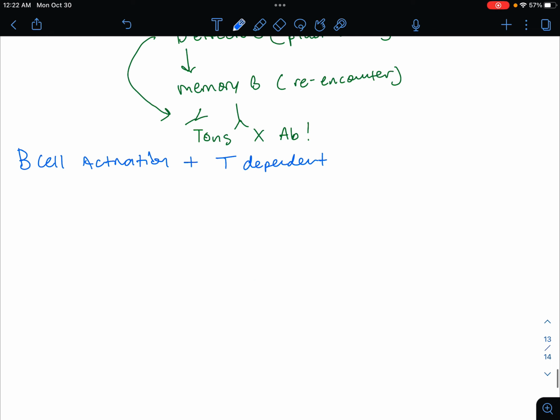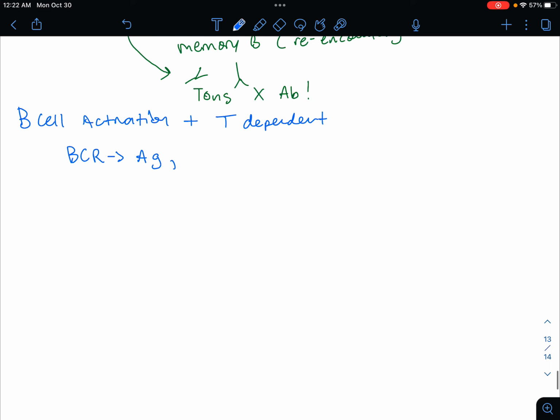The process here is a little bit of the nitty-gritty. So the BCR binds to the antigen. The antigen is moved inside and degraded into peptide fragments.